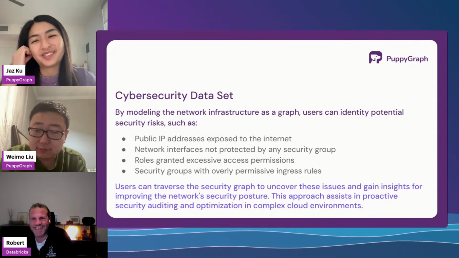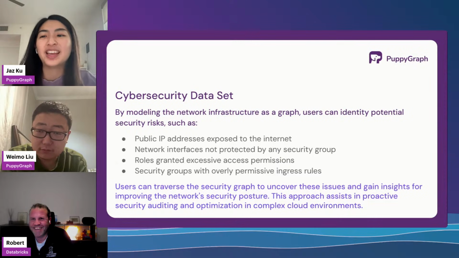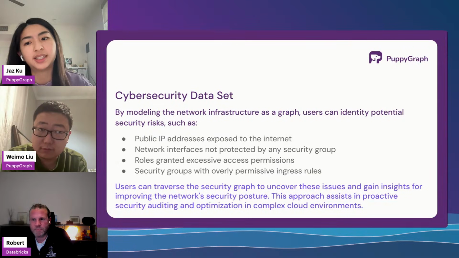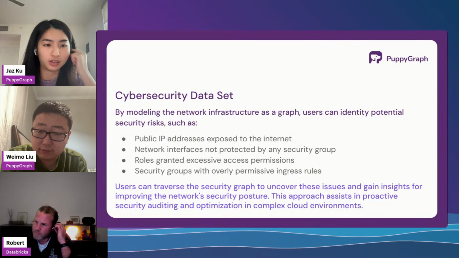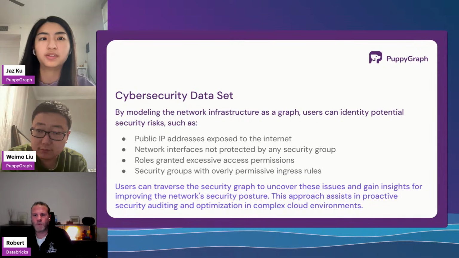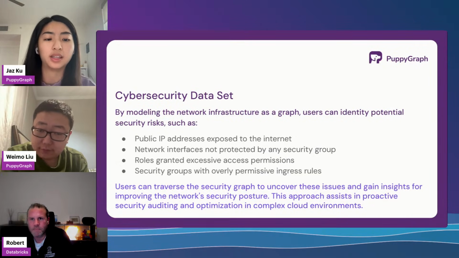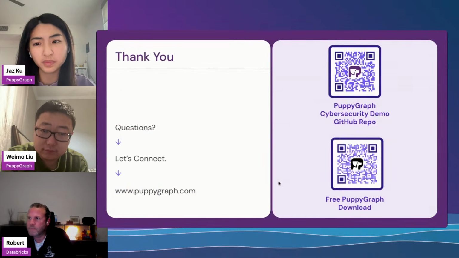So we're going to be modeling a network infrastructure as a graph today, where you can identify potential security risks like public IPs exposed to the internet, network interfaces not protected by security groups, rules granted with excessive access permissions, and security groups with overly permissive ingress rules. And this will all be available on the PuppyGraph GitHub as well, so you guys can play along with it later if you would like.